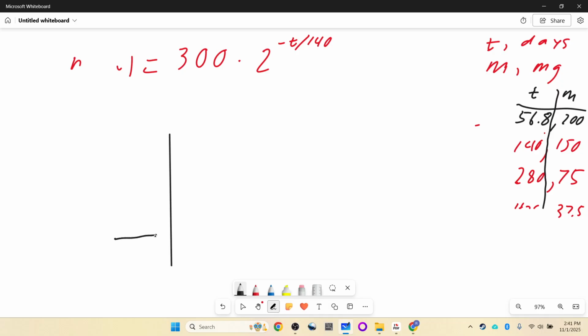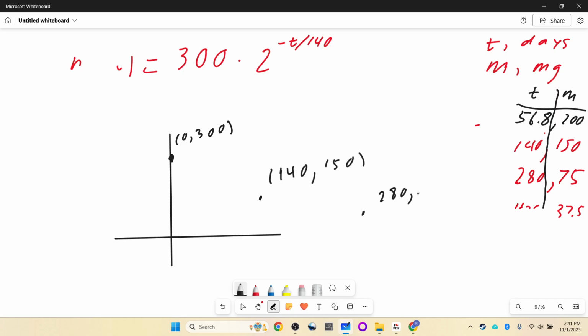We know that at 0, it's 300. We know that at 140, it's 150, and we don't have to try to make these fit the same scale. They probably will not. 280 is 75. And so these will decay downward.